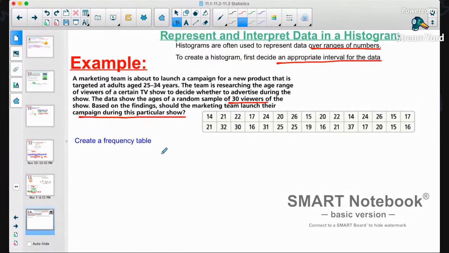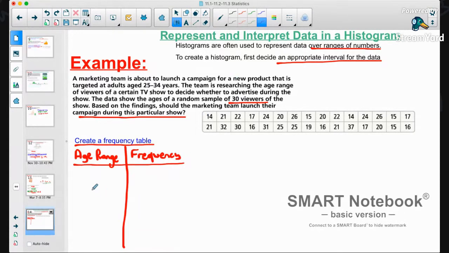To be able to create your histogram, first you need to create a frequency table. Let's do it. The frequency table is going to be age range and frequency. How am I going to decide the intervals?